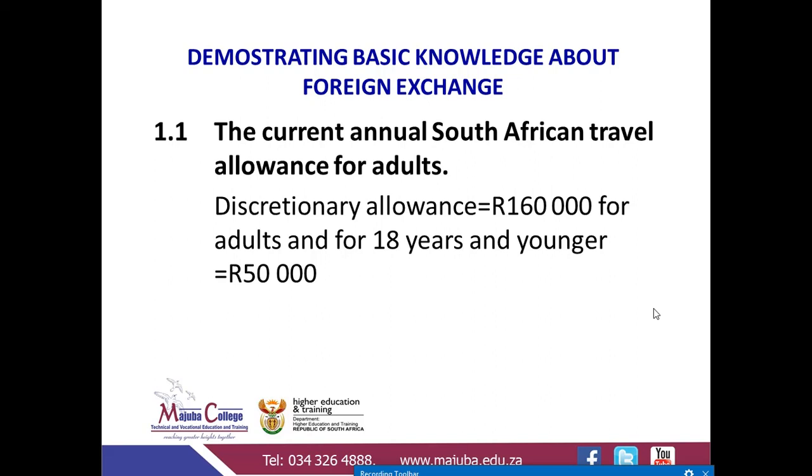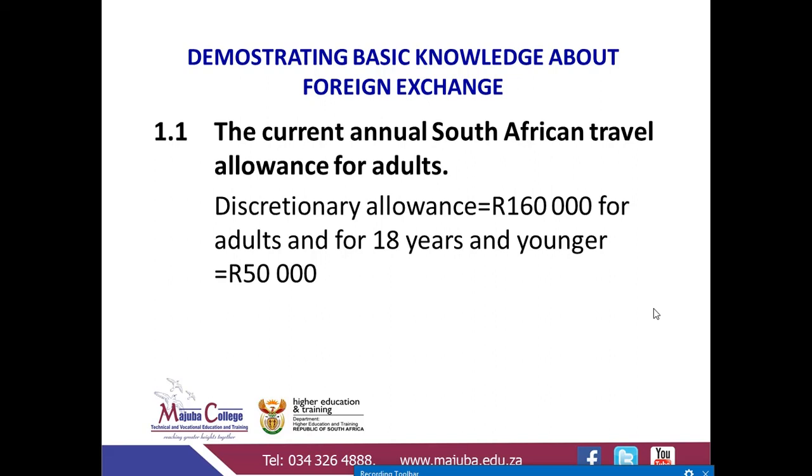In an examination scenario, they give you a question and ask how much discretionary allowance your client should carry when traveling offshore. Normally the examiner will give you an annexure in your exam.